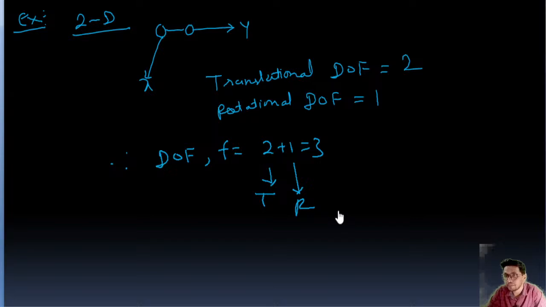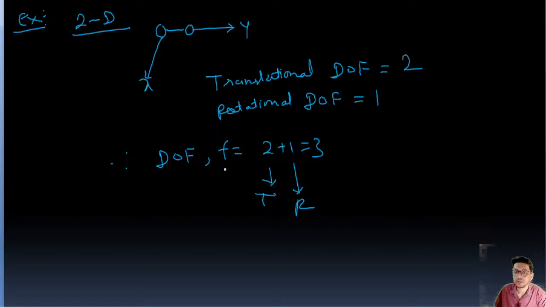After completion of the 2022 paper, I will solve 2021, then 2022, then 2023. So you can check those courses, guys. And this is the live lecture of thermodynamics and statistical physics.